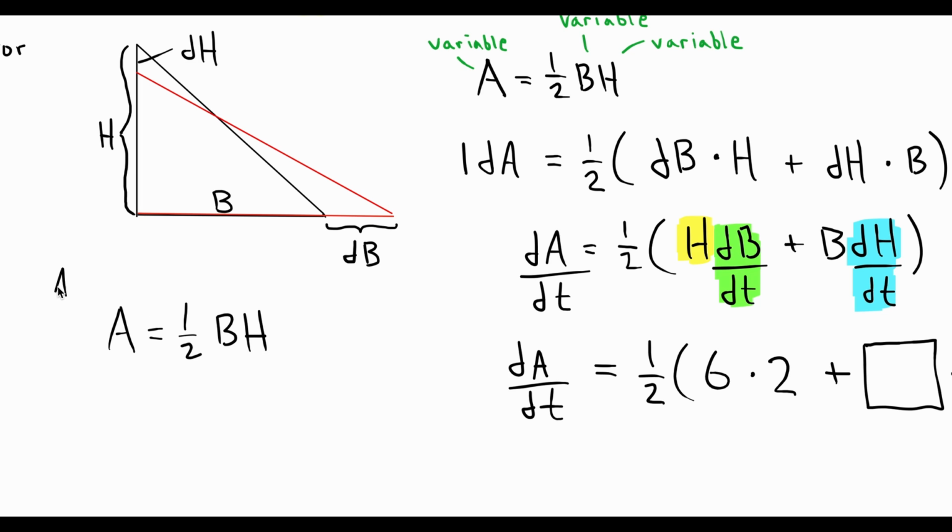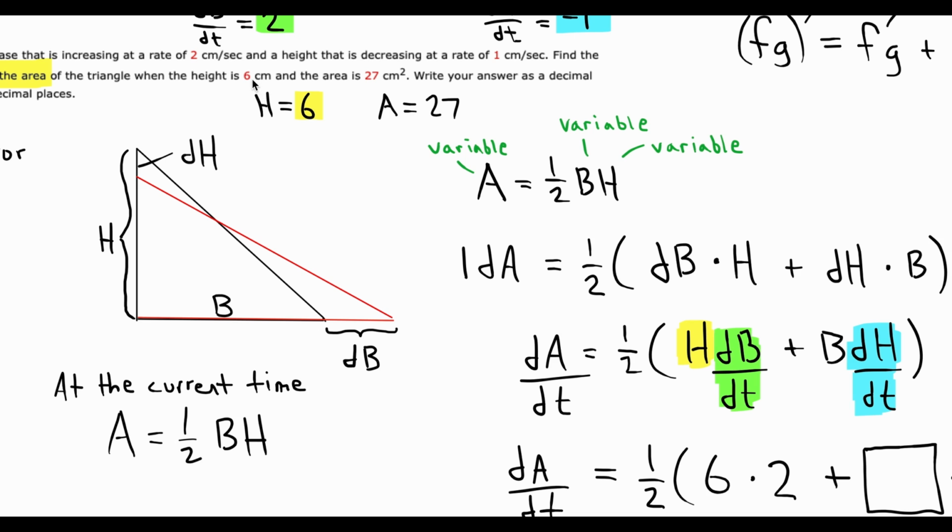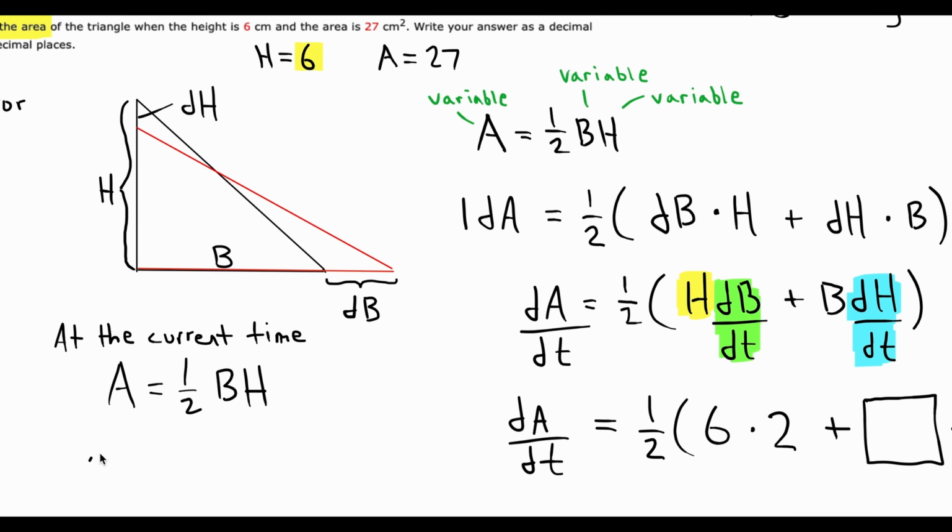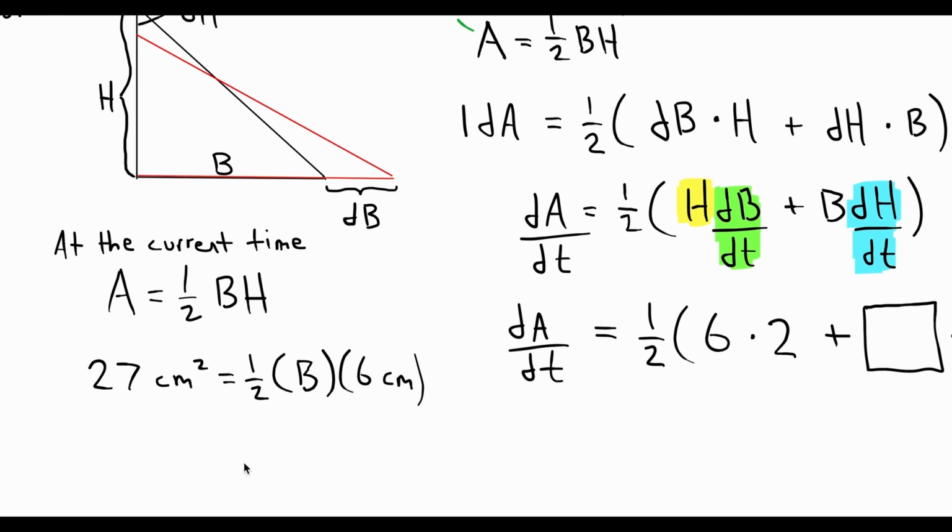And so we could say that at the current time of analysis of this problem, they're saying the height is 6 and the area is 27. So we can plug those things in. I plugged in h and I plugged in 27. I could now solve for b.